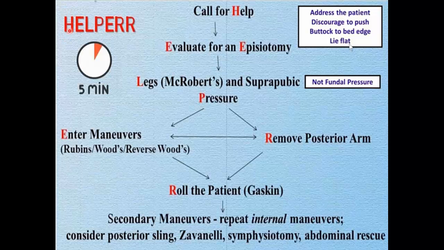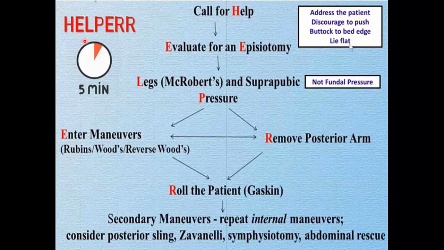Here H for HELPERR, so call for help for the obstetric or midwifery and pediatric support and inform the anesthetist. E is for episiotomy, or you should evaluate for episiotomy. You should consider episiotomy in case of shoulder dystocia to facilitate the maneuver.